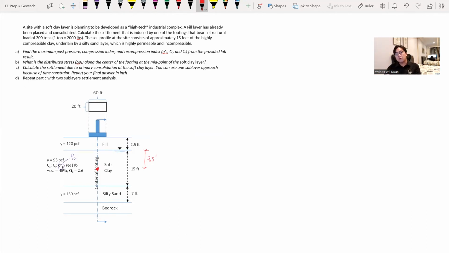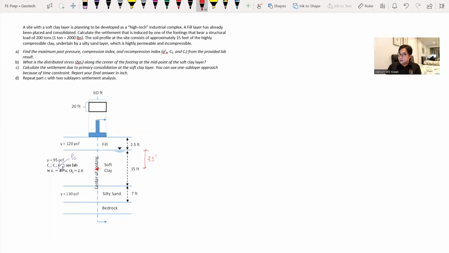So we want to know what is the distributed stress from the surcharge, which is the applied footing at the 200 tons structural load passed to the soil through the foundations.